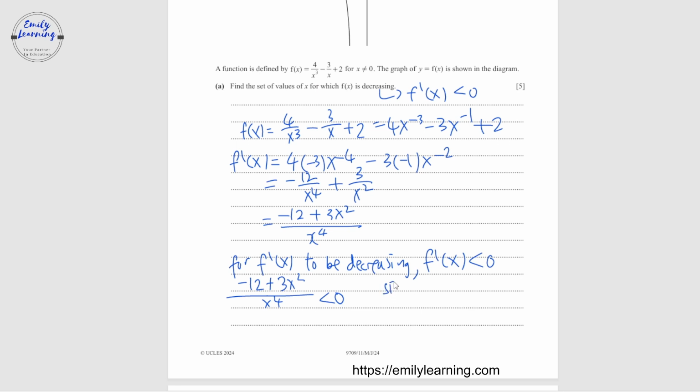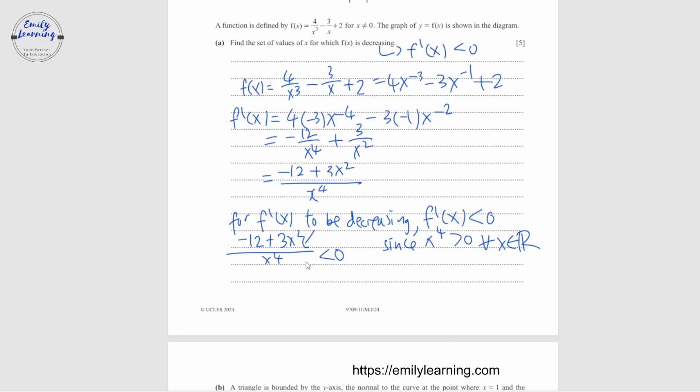Since x to the power of 4 will be greater than 0 for all real values of x, this is always positive. So the numerator should be negative for the whole thing to be less than 0. Therefore, negative 12 plus 3x squared, or 3x squared minus 12, is less than 0. Let's divide all terms by 3. So we have x squared minus 4 is less than 0.